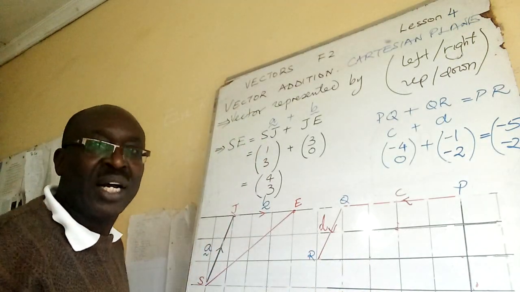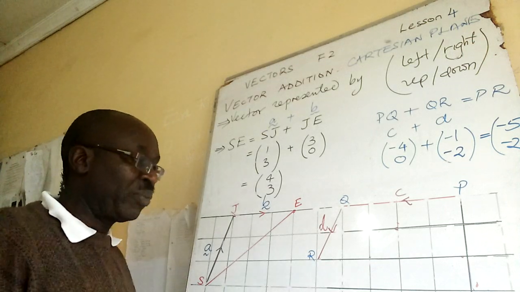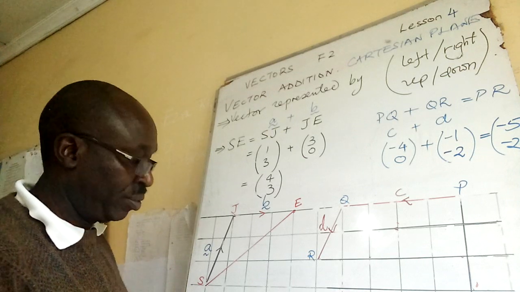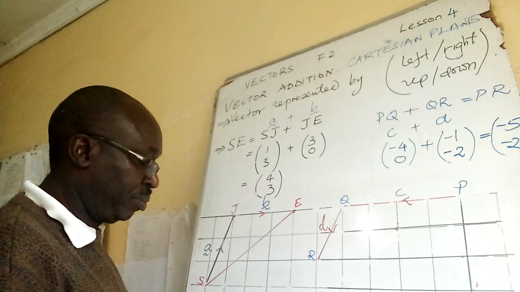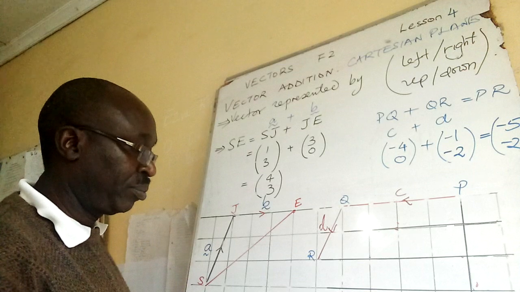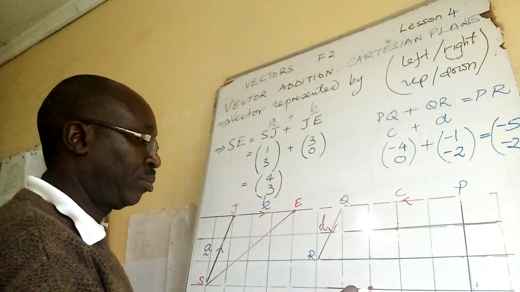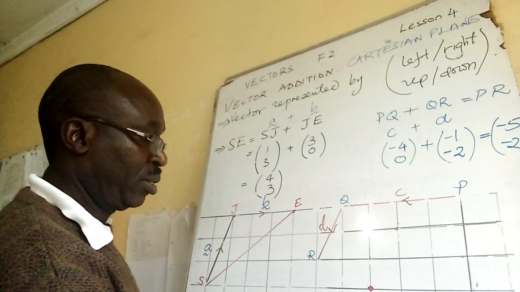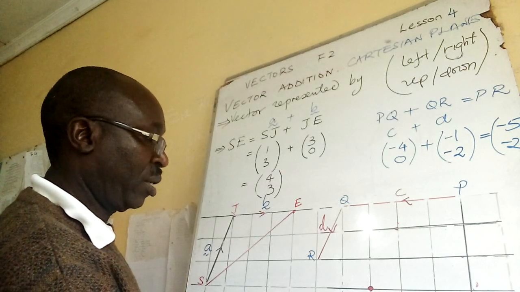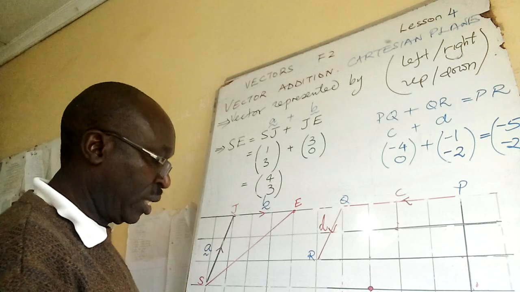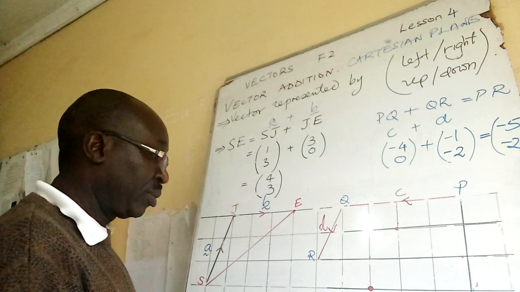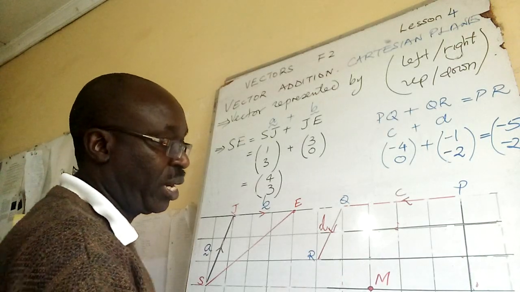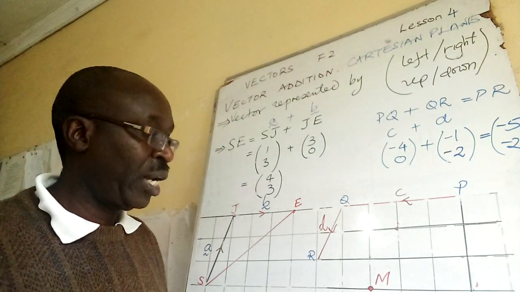Okay? I can do one more here. We can do one more. Let us have this here to that point, and then there. So let us have, this is L, M, and this is N. Okay?